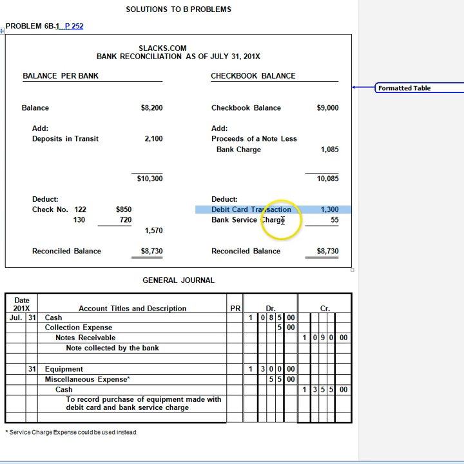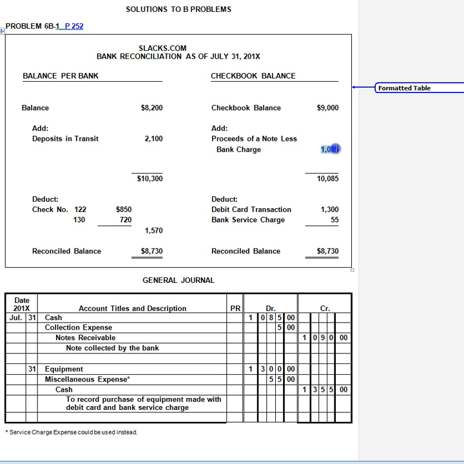But under any circumstances, if there was an unrecorded transaction on our books that we found on the bank statement, you see, we find that 1300 as a subtraction on the bank statement, so we have to subtract it on our books, just like we found the proceeds of the note.